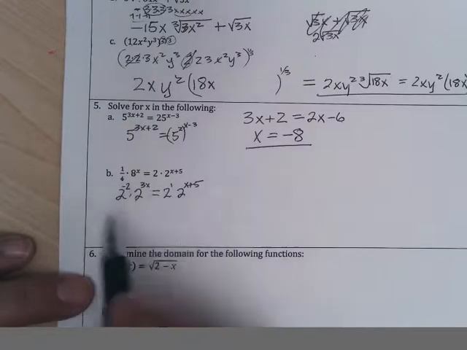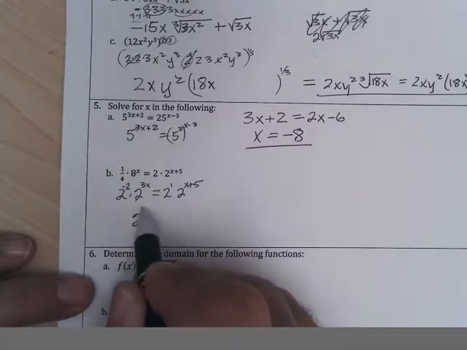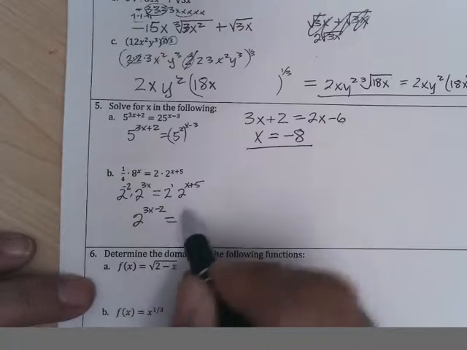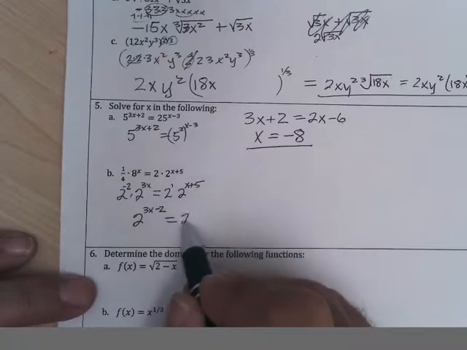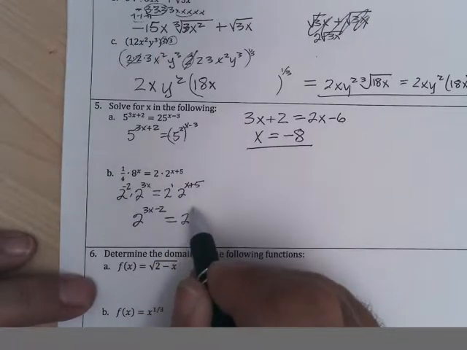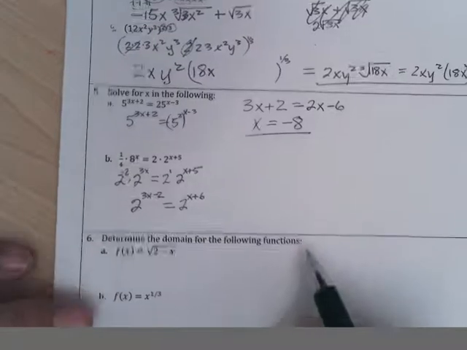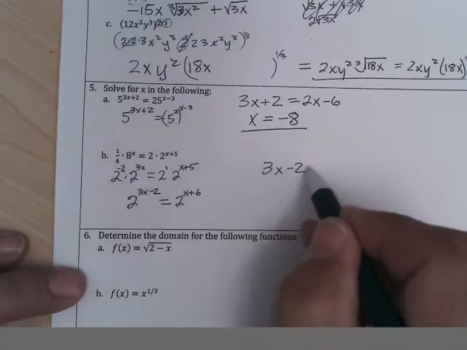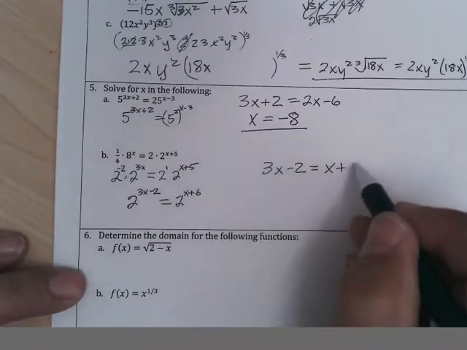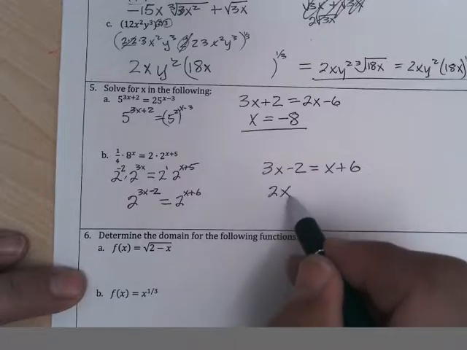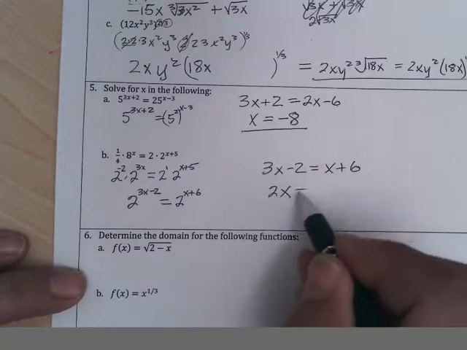When you multiply, you add the powers, so we got 2 to the 3x minus 2 equals 2 to the, adding 1 to this would be x plus 6. So therefore, 3x minus 2 must equal x plus 6. Subtract x from both sides. Add 2 to both sides.